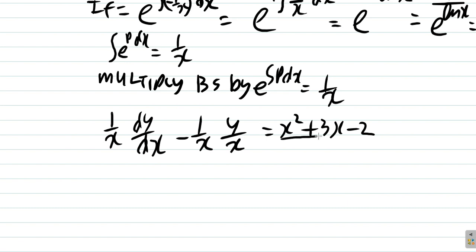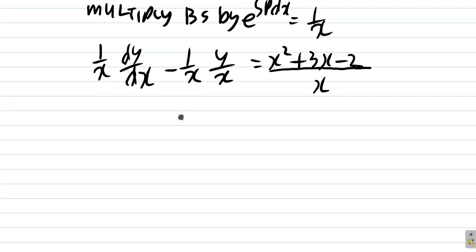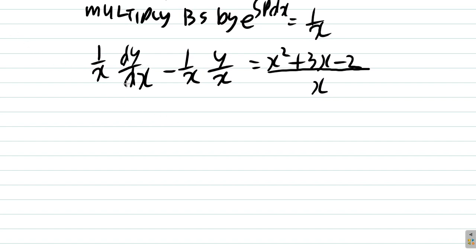You multiply by 1 over x, the same as dividing by x. Alright, so let's fix this up a bit. This is 1 over x dy by dx minus, this will be y over x squared. See that?